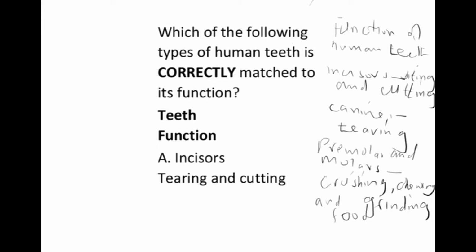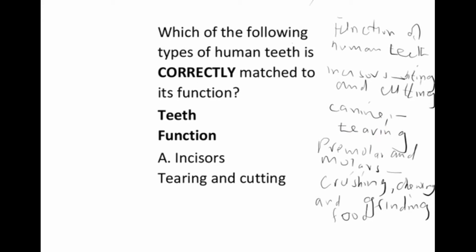We have said now the incisors here, they are used for biting and cutting. Here A, they are saying that incisors are used for tearing and cutting. So here A cannot be the answer because of the word tearing. Tearing is the work of the canines, as you can see in our explanation.